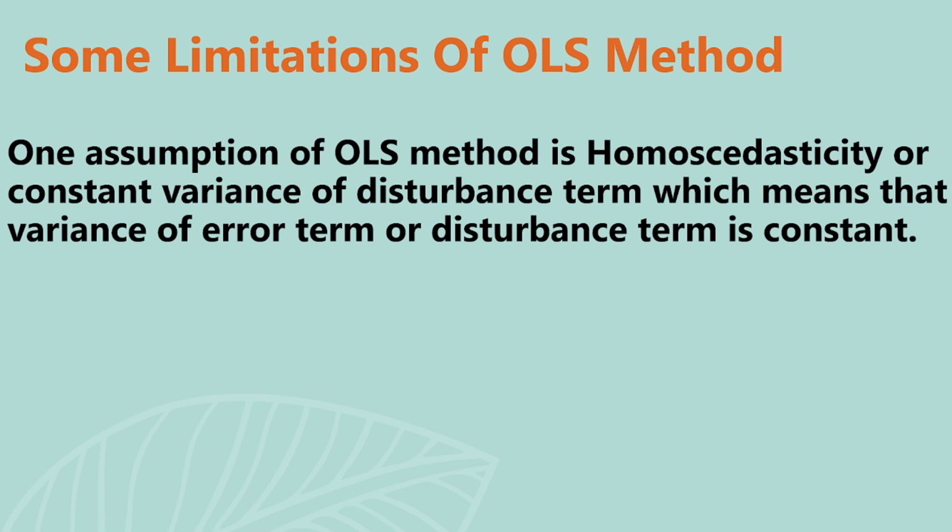OLS always considers homoscedasticity or constant variance of disturbance term. It can be expressed as variance of disturbance term equal to sigma square. Sigma square means that variance of error term or disturbance term is constant.